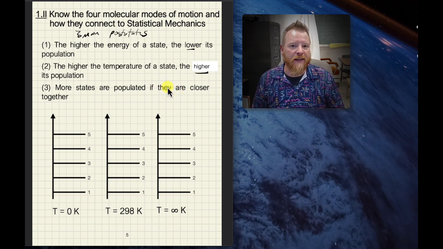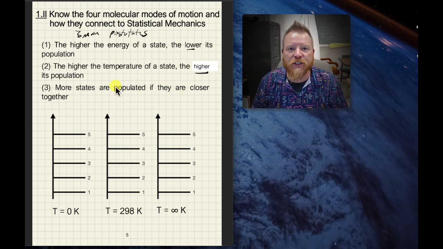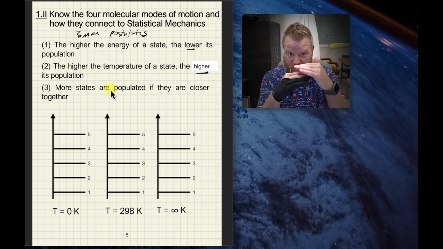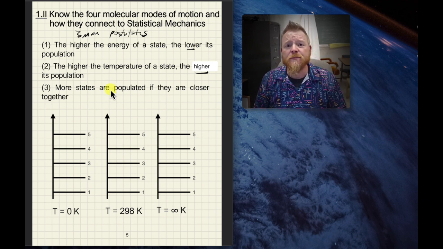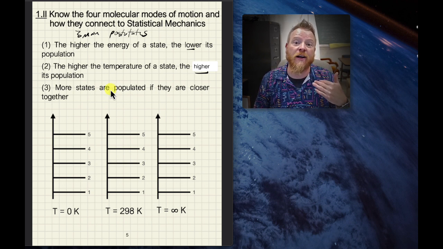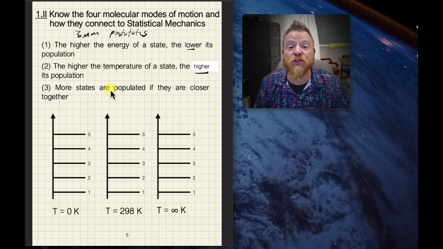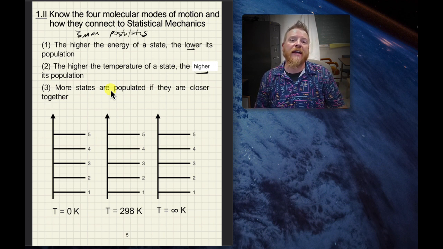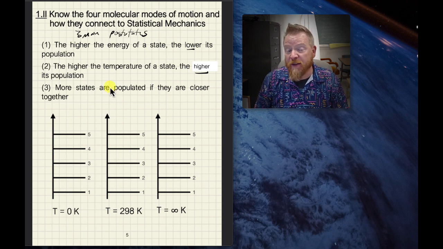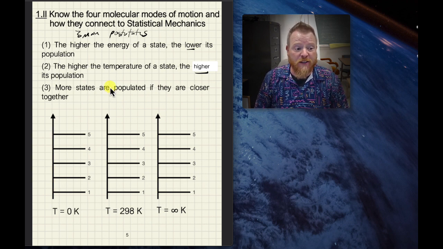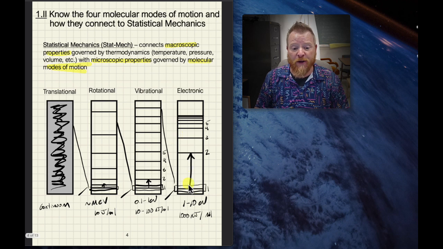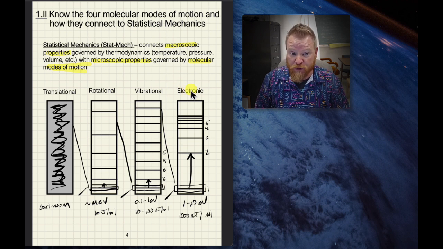Just like we saw with the vibrational and rotational levels, their levels get closer and closer together. We see that there are a lot more molecules spread out in those various states. If we think about the electronic state, it is such a big gap from level 1 to level 2, 1 to 10 electron volts, that nearly everything exists in the ground state at room temperature.